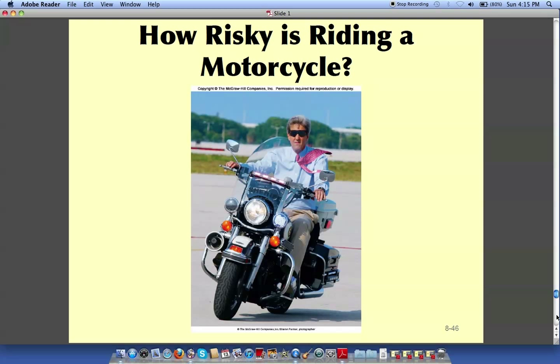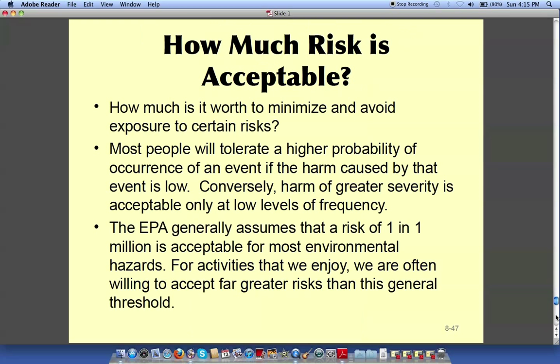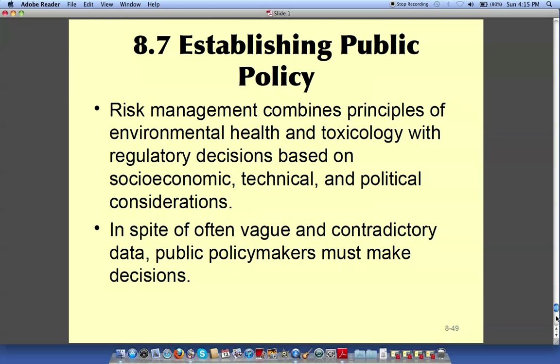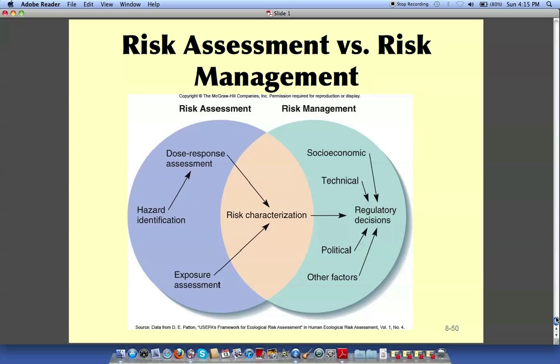There's our how much risk is acceptable. Okay. Establishing public policy risk. That's our risk management. And basically that's the chapter.